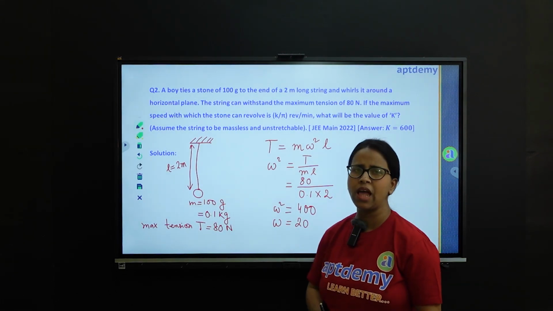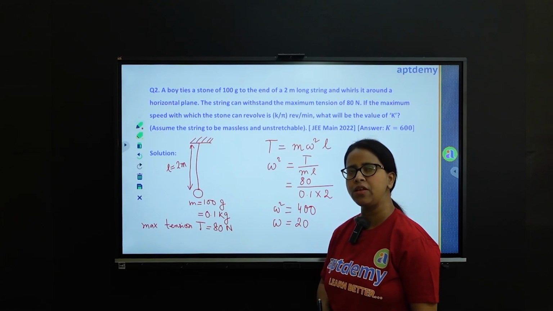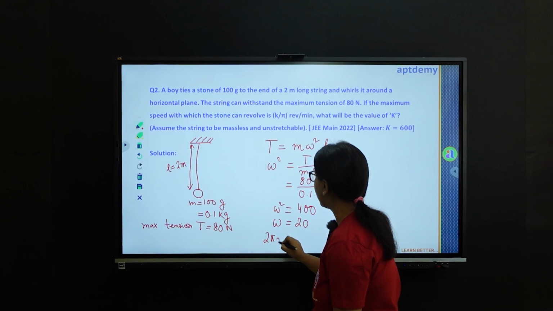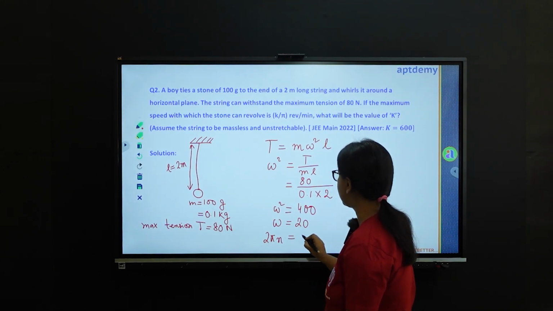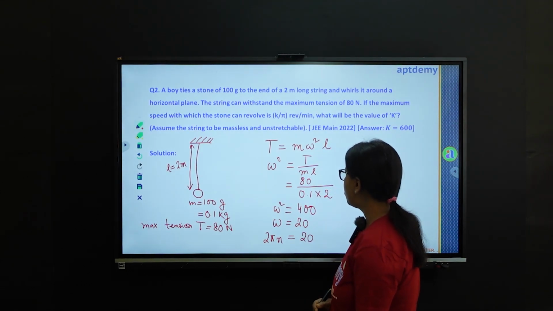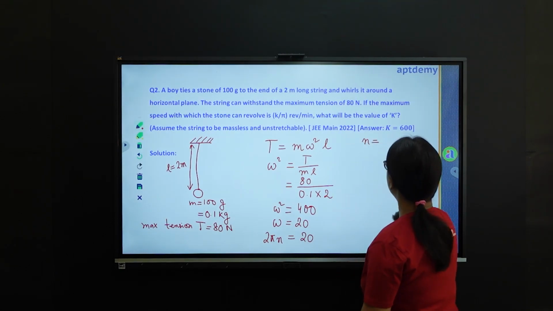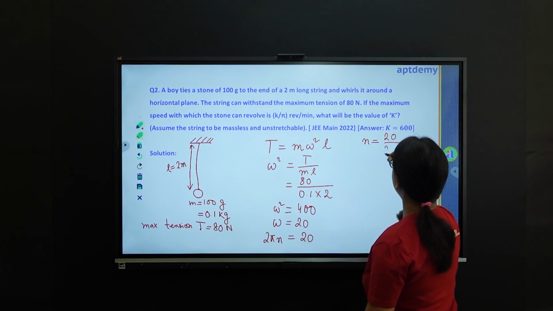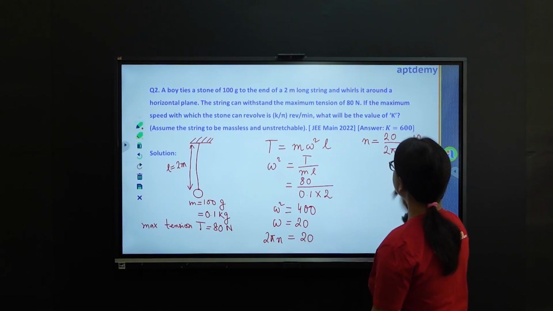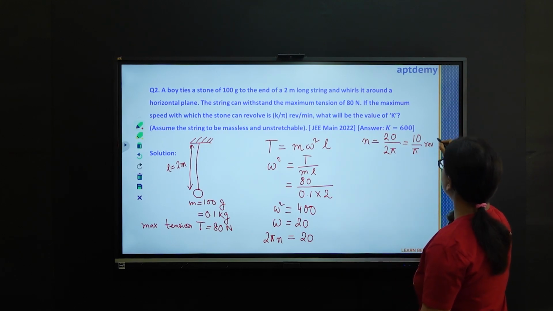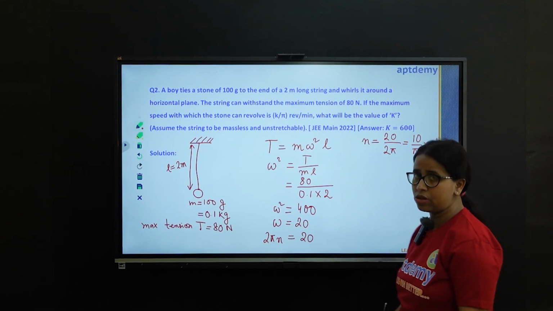Now omega, this is the angular velocity. We can relate this with the frequency. Omega is nothing but 2 pi n, n being the frequency. So you can see this, we have n equals 20 by 2 pi. That's 10 by pi. Now what's the unit? This is revolutions per second, SI units.